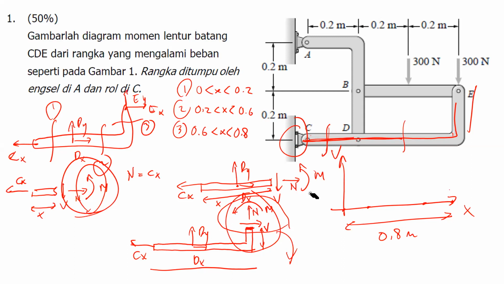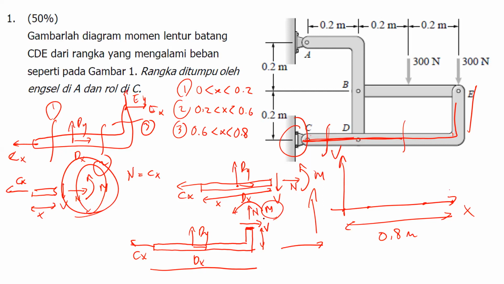For me, whenever I analyze that, the easiest way is to determine from the moment. Moment positive is always trying to make the beam smiling, right? If this one is my X and this one is my X, the beam will be smiling because of the moment, like that.